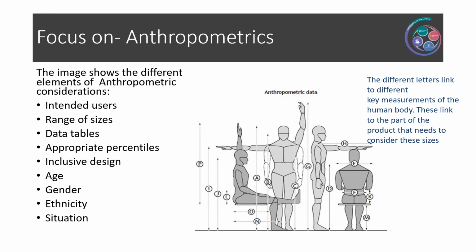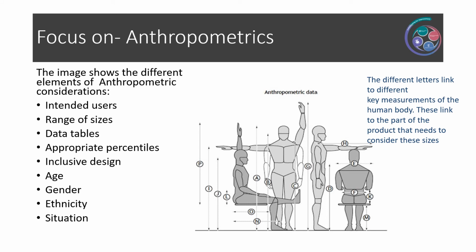The SQA provides you with a data booklet. This is an excerpt from that data booklet specifically looking at anthropometric data. The image shows the different elements of anthropometric consideration. In your data booklet, there is a range of information about intended users, the range of different sizes between these users.